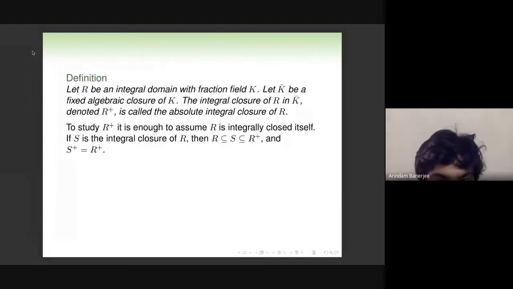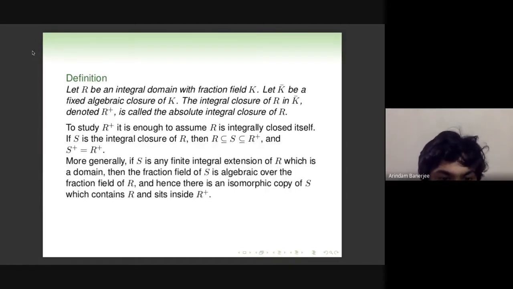Now, let S be the integral closure of R, and then obviously S is inside R plus, because S, after all, consists of elements that are integral over R inside the field of fractions, which sits inside R plus. So that automatically shows that S plus is equal to R plus.